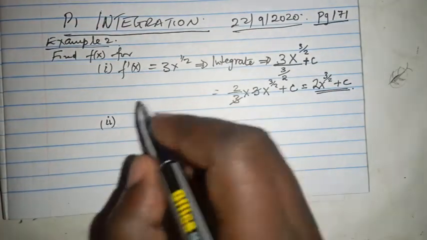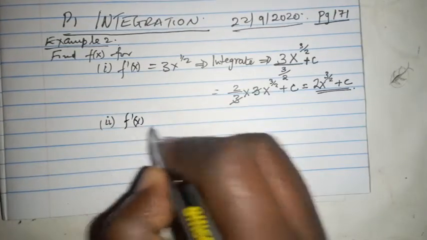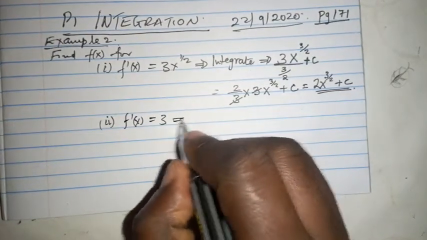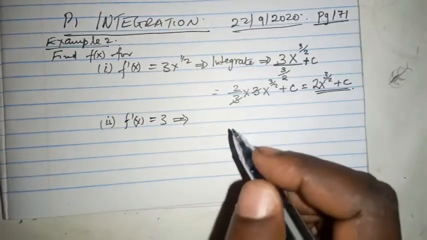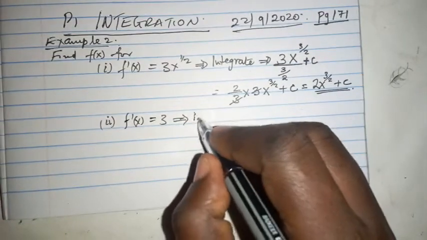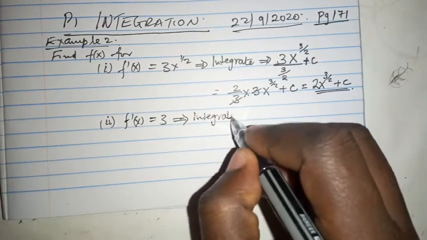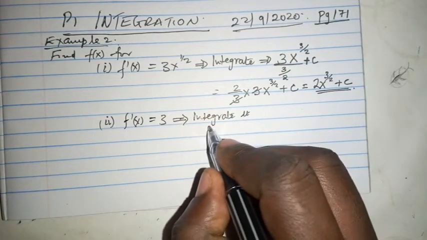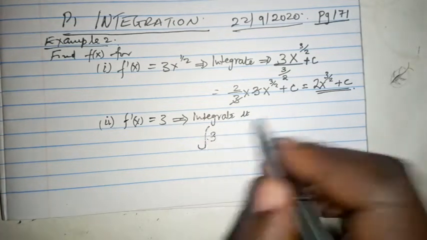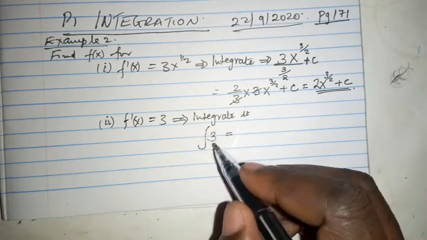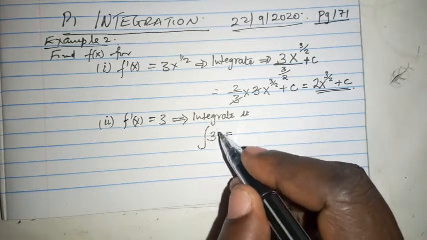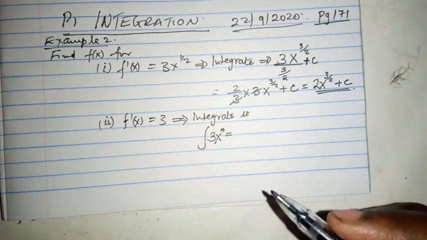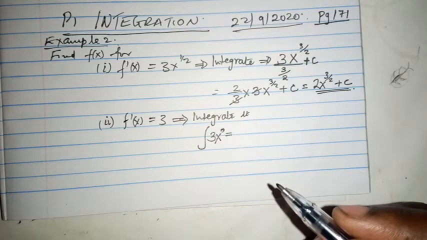Now the next one is talking about the gradient function f prime x is 3. And if this is the gradient function, we need to integrate it. And how do we go about integrating it? Simply the integral of 3, which already naturally has x raised to power 0, because any number raised to power 0 is 1.